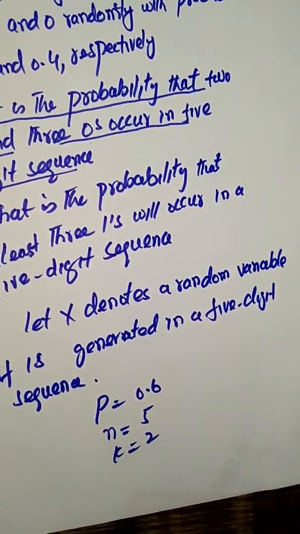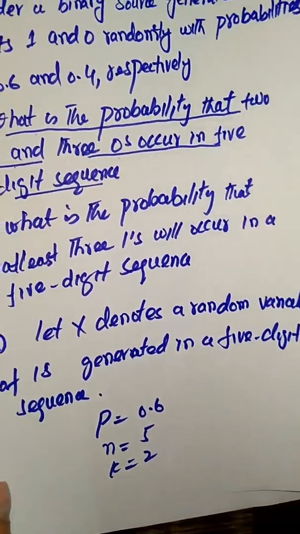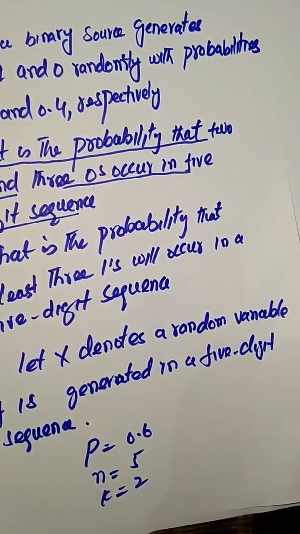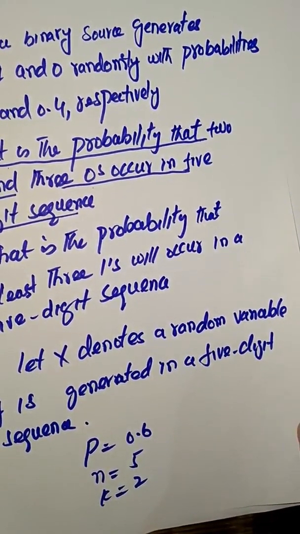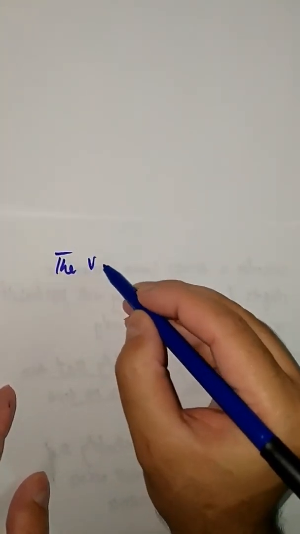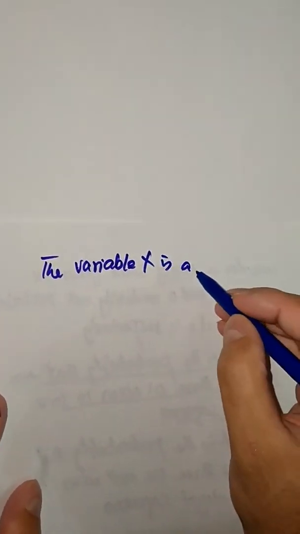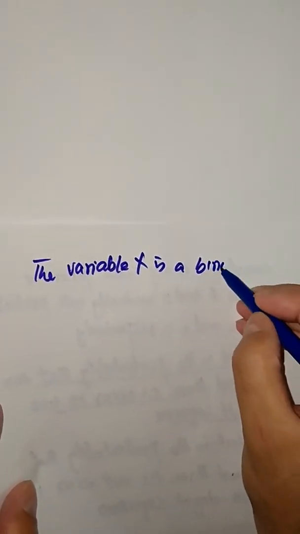So it clearly shows that the random variable x is a binomial random variable.